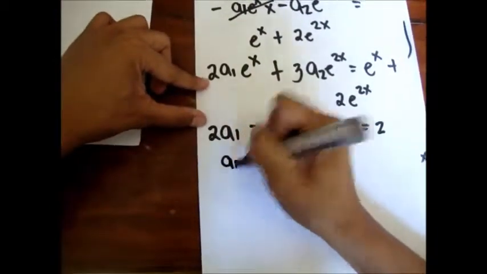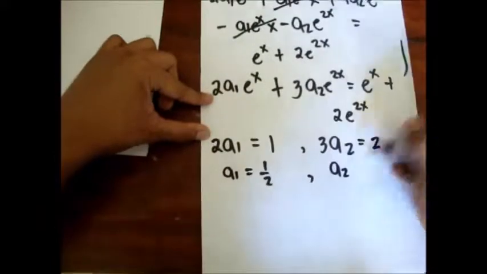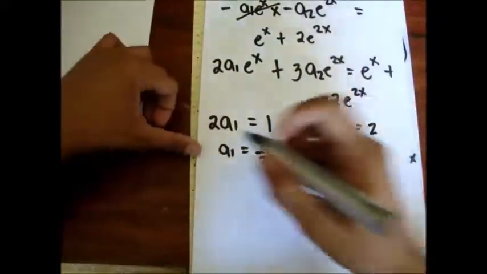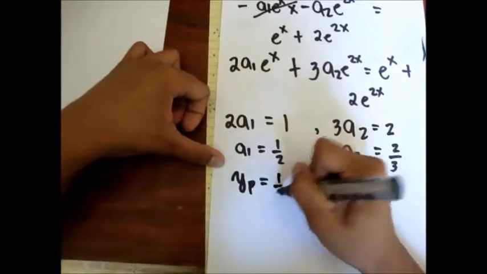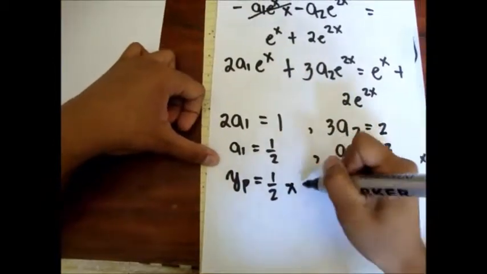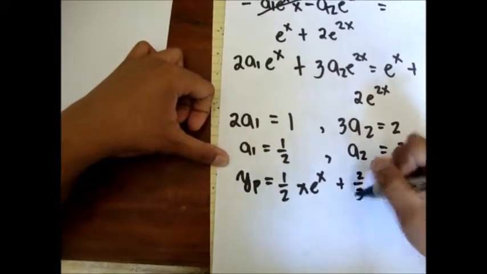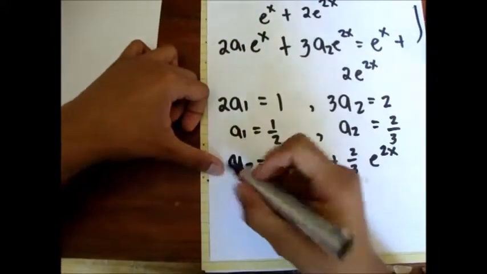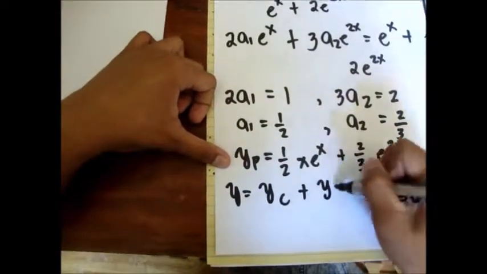So we get a1 equals 1 half, then a2 equals 2/3. So we get our particular solution: 1 half x e raised to x plus 2/3 e raised to 2x. So y equals yc plus yp.